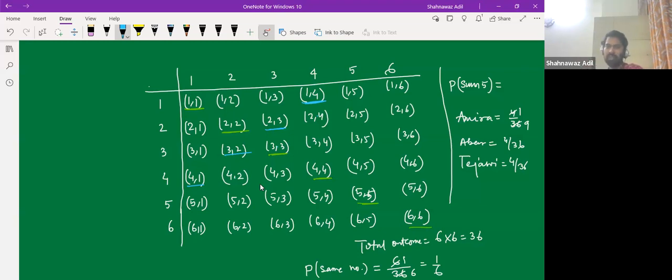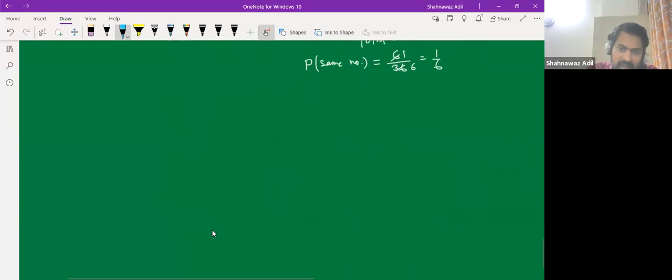Done, sir. Okay, Tejasvi, and Amira, what about you? Noted, sir. Okay, good. So now the next problem is about the card problem, right? So let us understand about the cards.